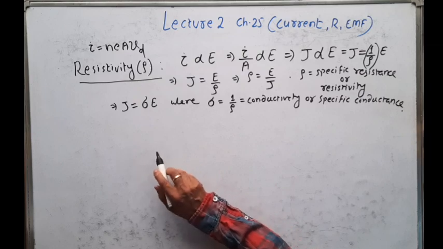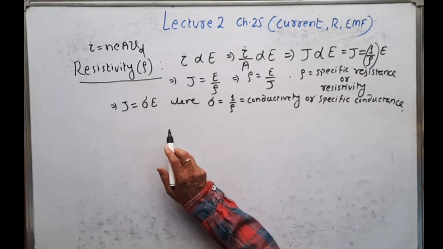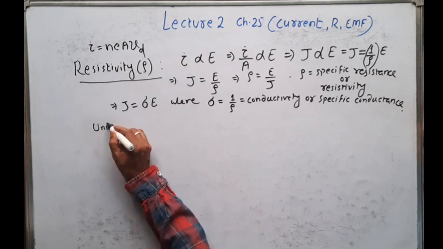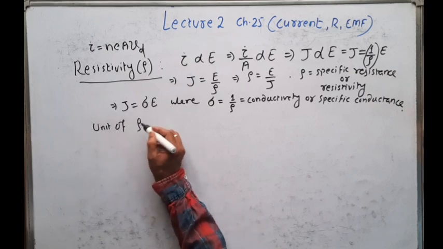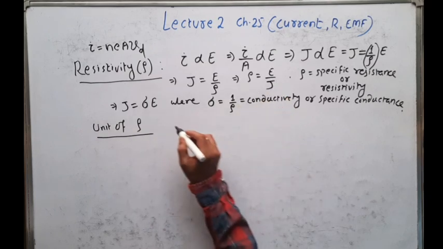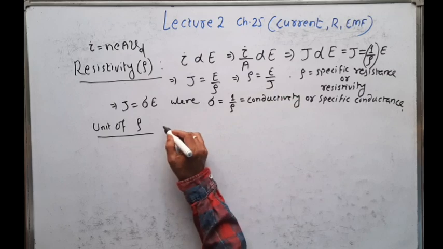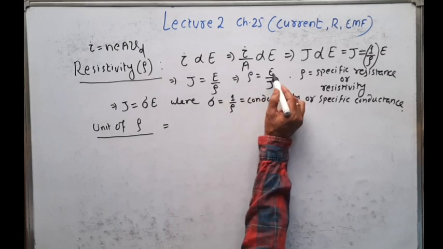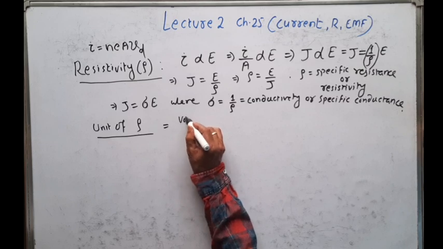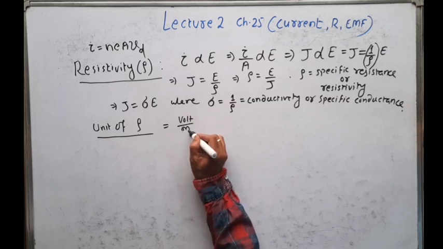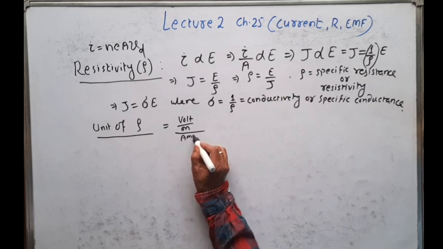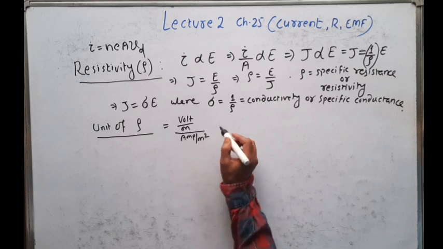Now, what is the unit of rho? If you find the unit of rho, rho is equal to E by J. E is the electric field intensity, which is volt per meter, divided by J. J is current density, that is ampere per meter square.